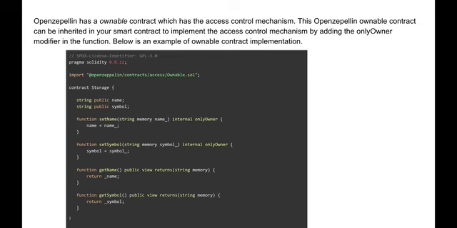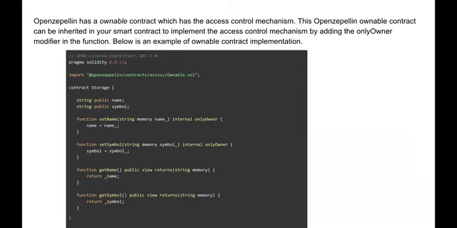When you go to the OpenZeppelin GitHub, you can check the contract. So how do you use OpenZeppelin Ownable? You inherit the smart contract to implement this access control mechanism by adding the onlyOwner modifier to the function.